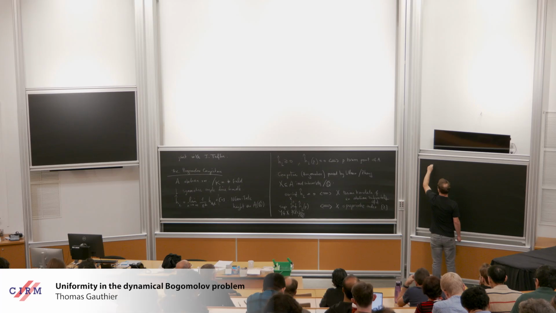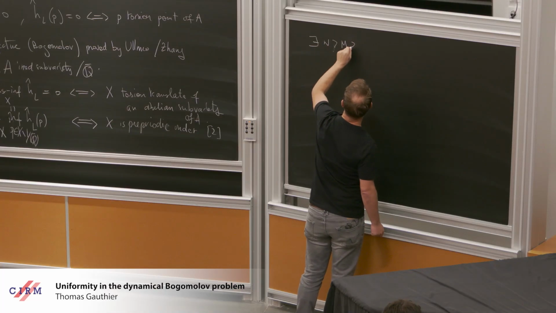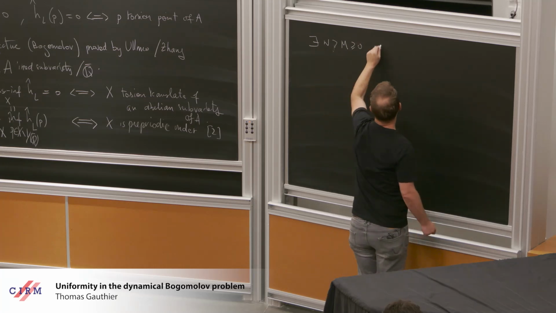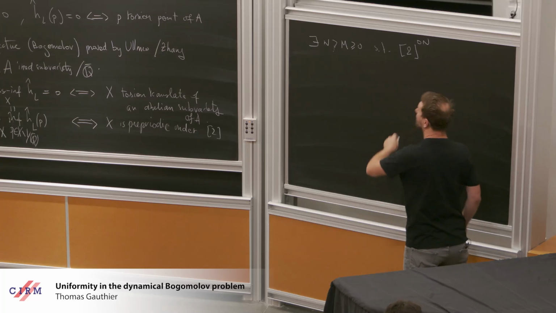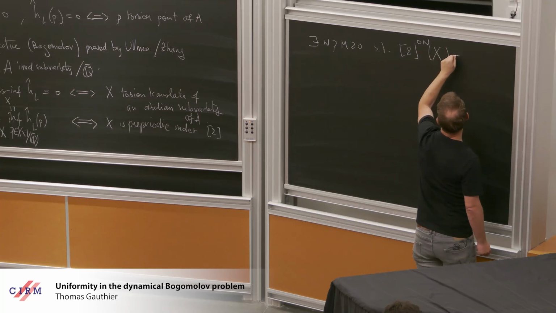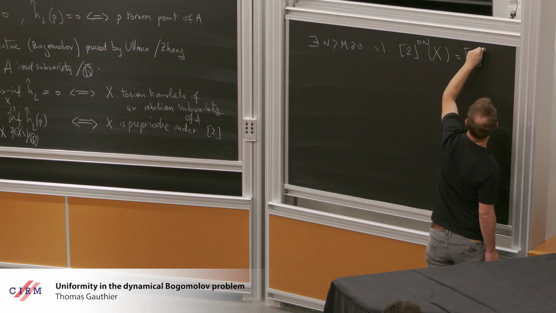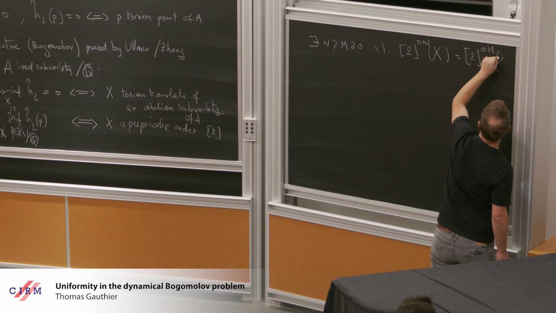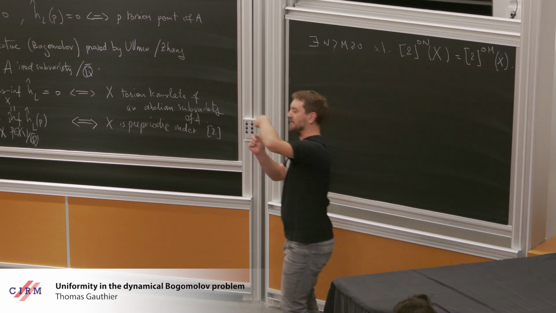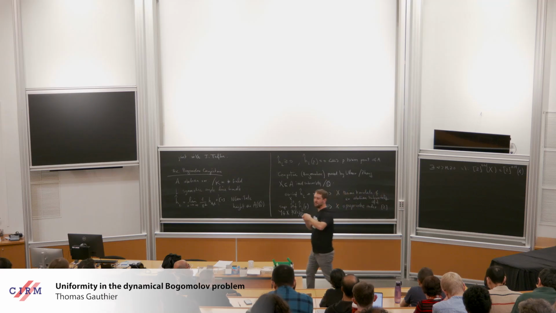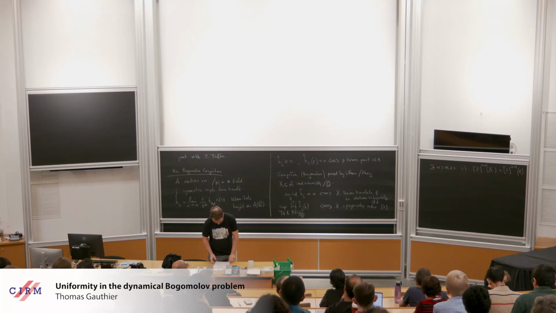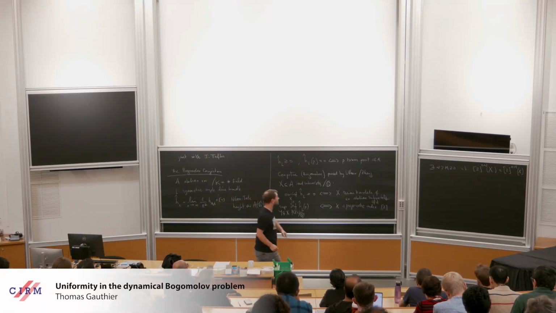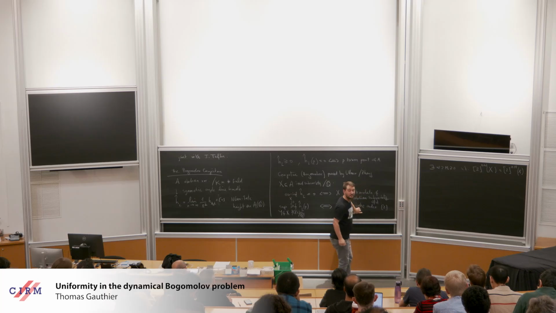It means that there exist integers such that if you iterate n times the multiplication by 2 on X, it gives you the same as if you iterate m times and apply it. So under iteration, it goes back to itself as a set. The action on it is not trivial, but as a set, it goes back to itself. So for me, this is a statement about dynamics, at least this part.